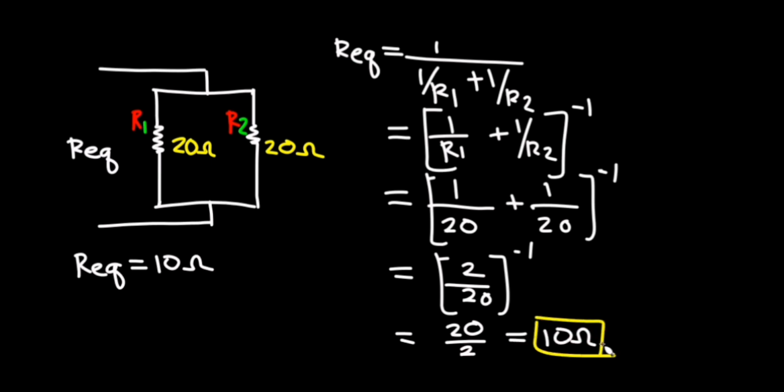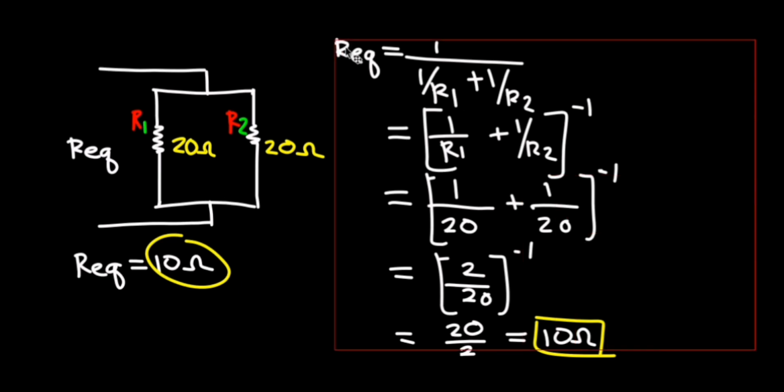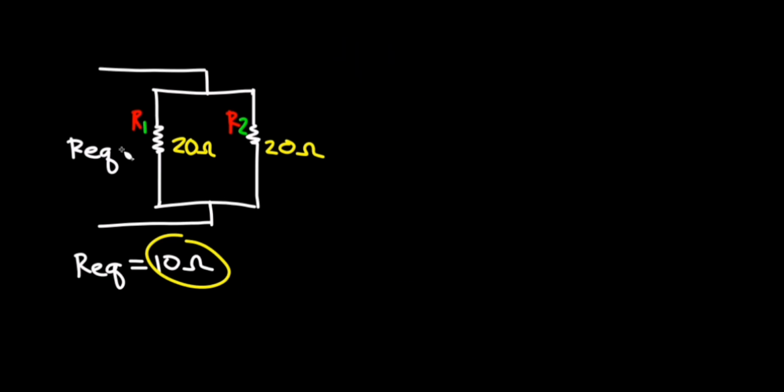Remember guys, that when n number of resistors with the same resistance value are connected in parallel, the equivalent resistance is equal to the value of the individual resistance divided by the n number of resistors. In this case we have only two identical resistances.